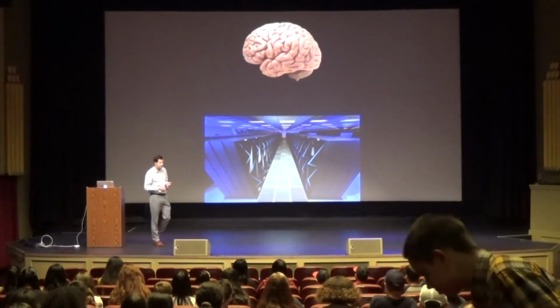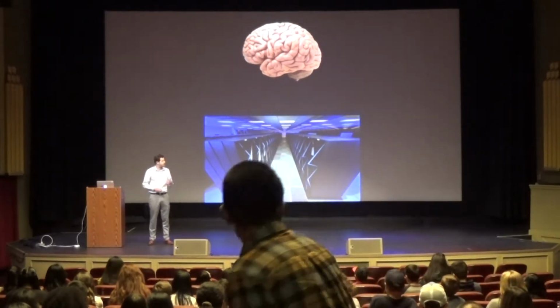It takes up an entire space on the floor of the building, and inside these cabinets are shelves that contain the various components of the machine. But if we want to use the computer to understand the brain, we first have to represent the brain in a way that the computer can understand it. We have to put the brain inside the computer, and I'll show you how we're going to do that in this talk. But first, let's talk about computers.